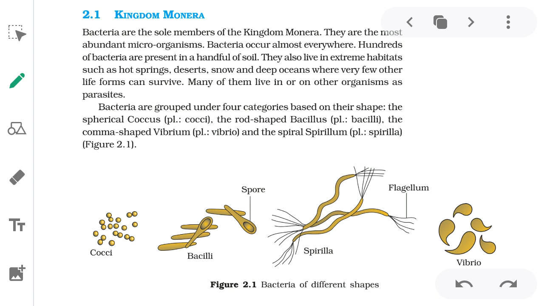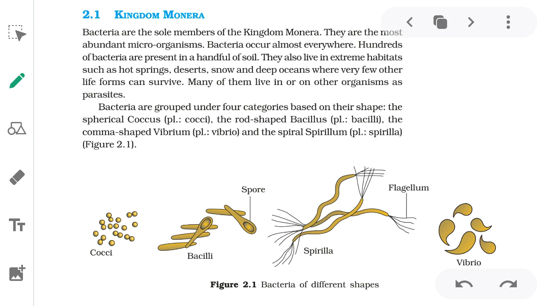Everywhere means you will find them in every place, even over your body, millions and trillions of them. Hundreds of bacteria are present in a handful of soil. If we talk about the different varieties, different types of bacteria, you can find so many bacteria in your soil also. Remember, we are talking about only soil. If we go further, you can see bacteria everywhere.